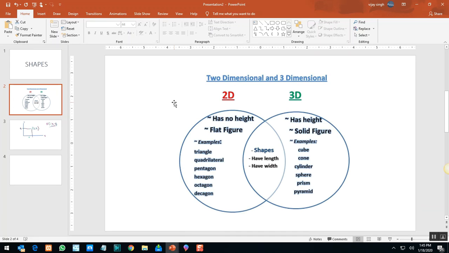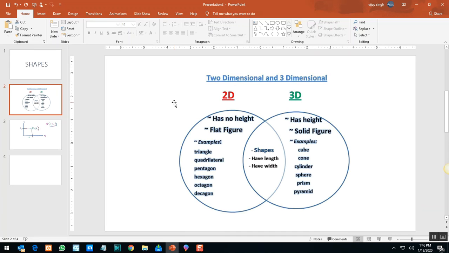Examples of 2D or flat shapes can be, can you tell me? Like a square. A cuboid is not a flat shape, a cube is a solid shape.